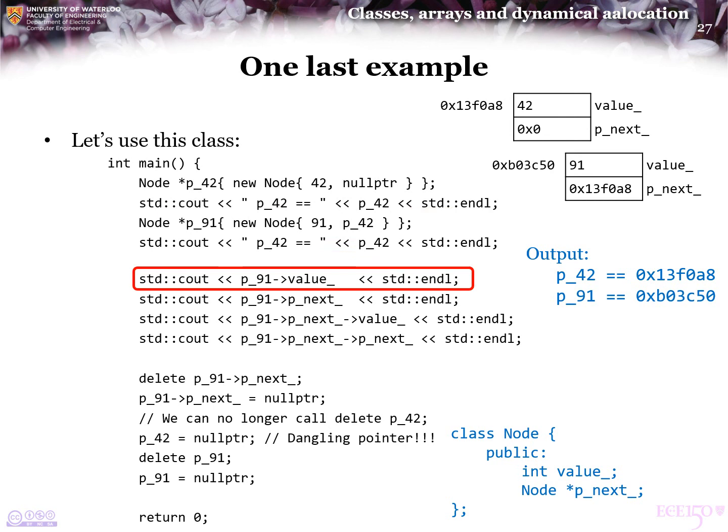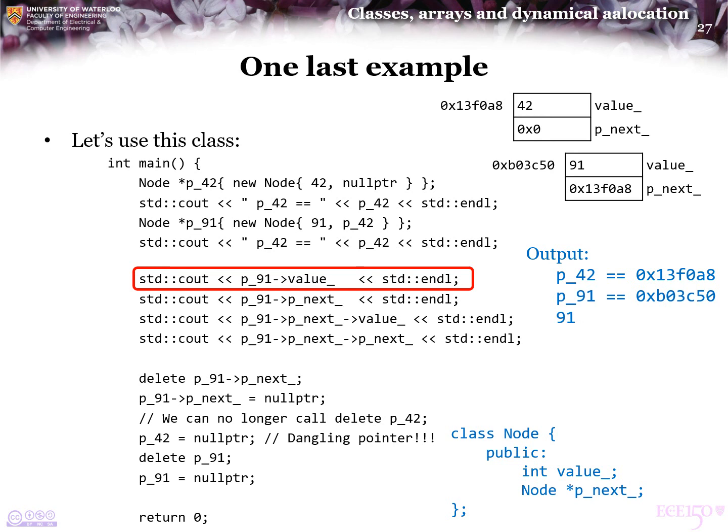All right, now this next print statement has us print whatever member variable is at the address stored at P91. Specifically the value member variable. So the address P91 is B0-3C50, and at that address value has the value 91, so that's printed to the screen.